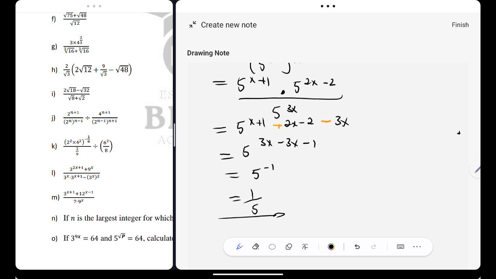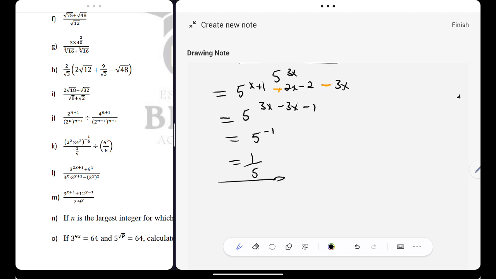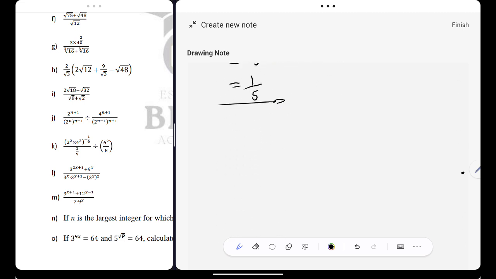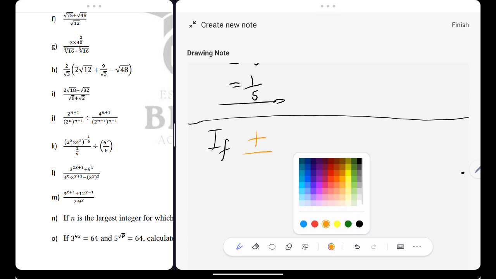This is how you deal with exponents if ever you have plus and minuses separating them. Okay, so now let's check if we have a plus or a minus separating our terms.